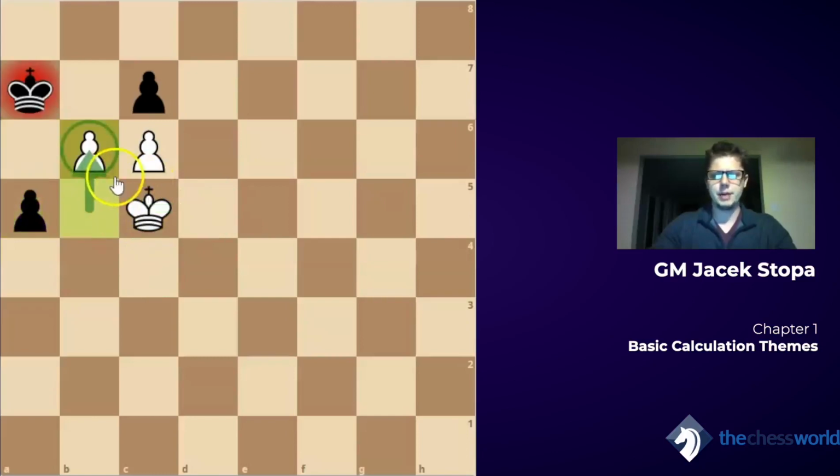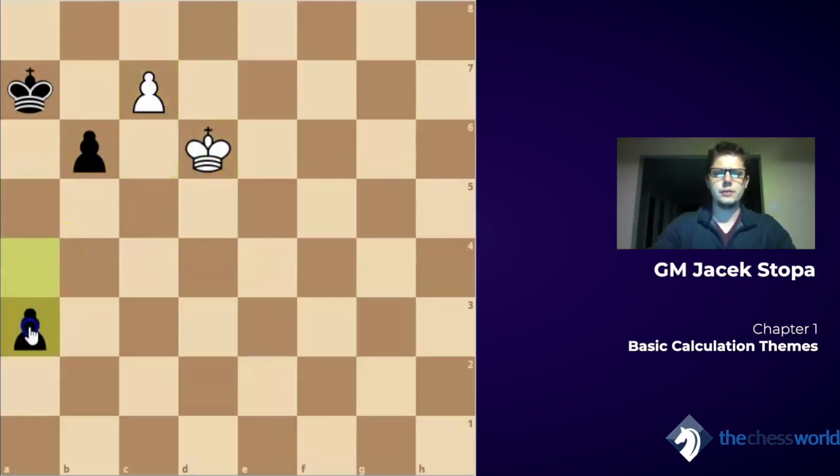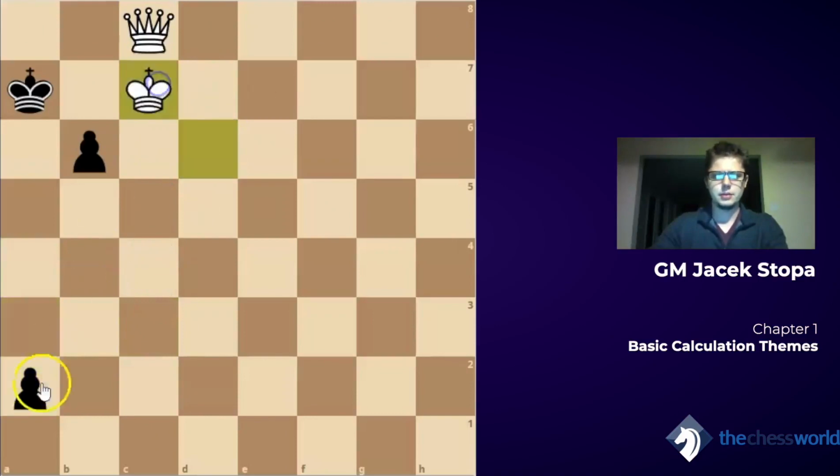b6, powerful move. b6 check, as after cb, there is king d6, and actually this threat is just too powerful. Or even faster, right? I guess checkmate can be delivered.